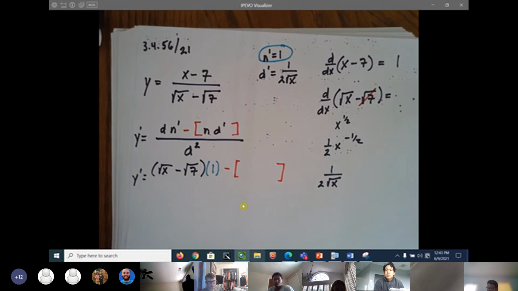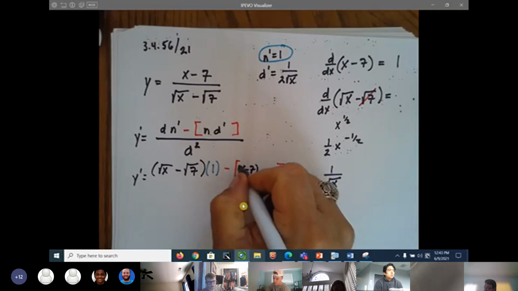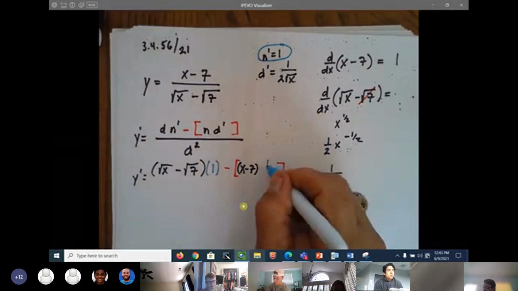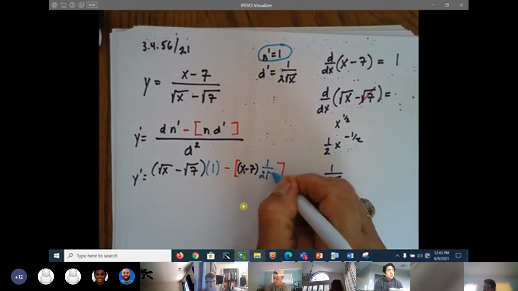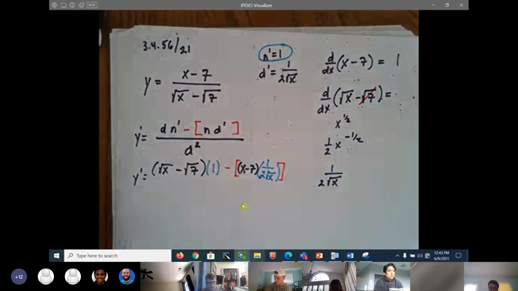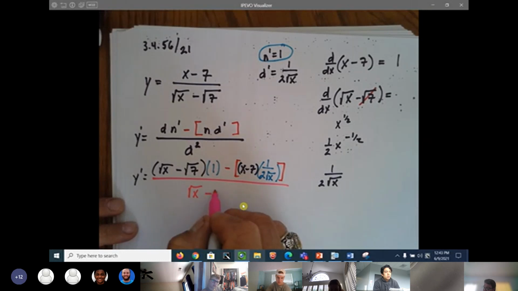Times the numerator, which is x minus 7, times denominator prime, all over denominator squared.